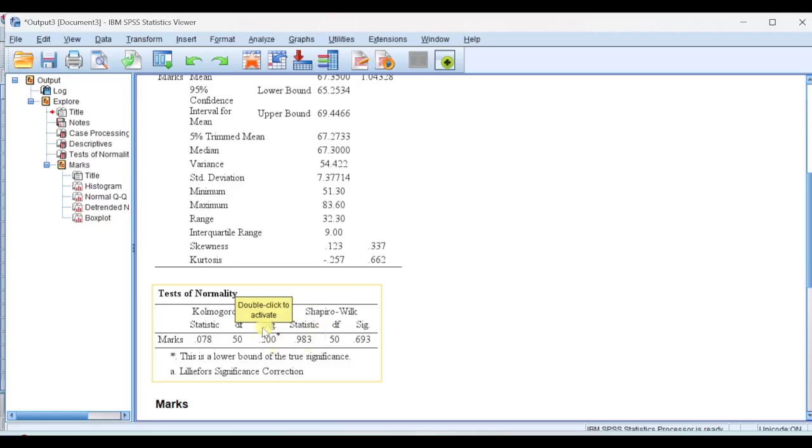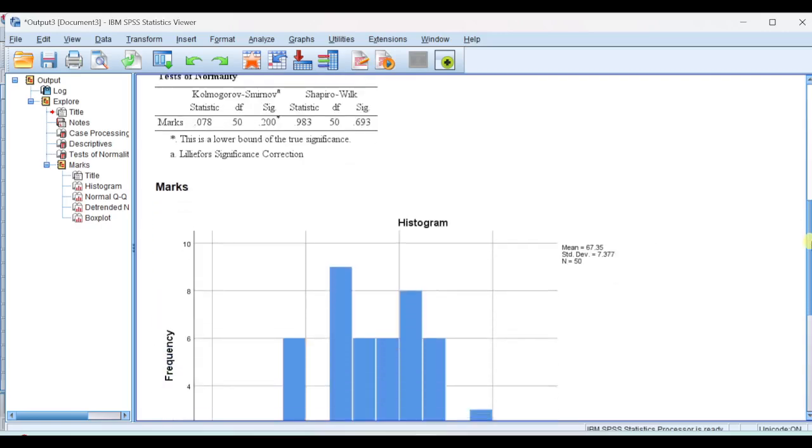In case this p-value was lesser than 0.05, then I would say that the null hypothesis is rejected because the p-value is significant, and therefore my distribution does not exhibit normality. So we can check it through test of normality as well, which is showing us that the distribution is quite normal.